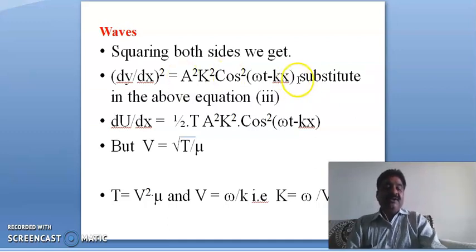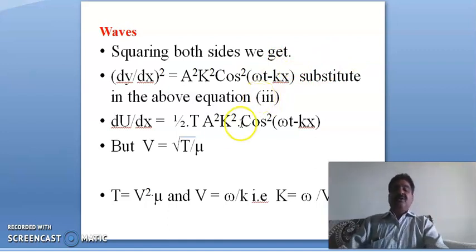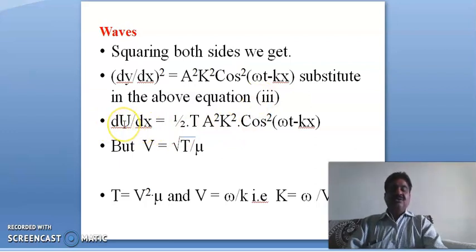So in the same way, if we substitute this value of dy by dx whole square in the equation of potential energy, equation number 3, what we obtain? Potential energy per unit length is half into T a square k square cos square(omega t minus kx). But you know, velocity is equal to under root T by mu.